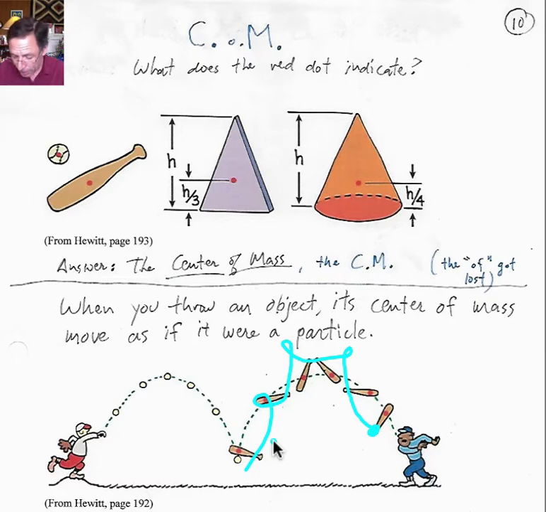But if you don't mind just sticking with the center of mass, then the center of mass of the bat, this spot here, is going to do nice, simple, parabolic projectile motion. So let's move on now.